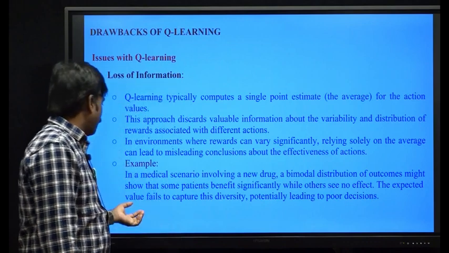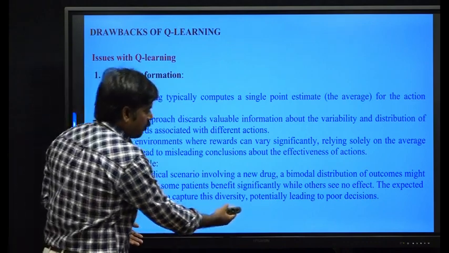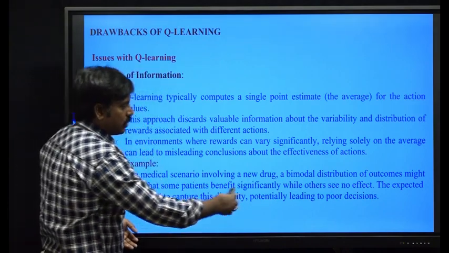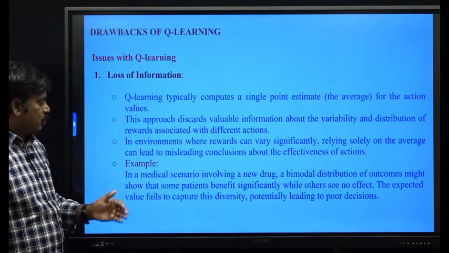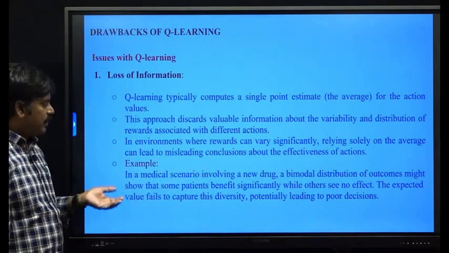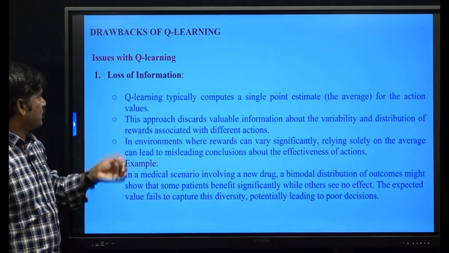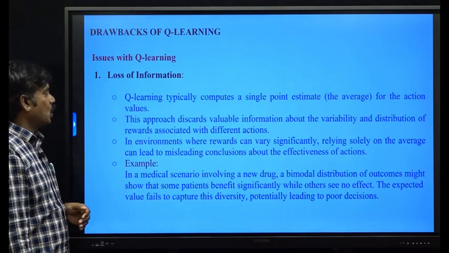The expected value fails to capture this diversity, potentially leading to poor decisions. One is failure, one is success, so the average is misleading. This is one of the issues with Q learning.